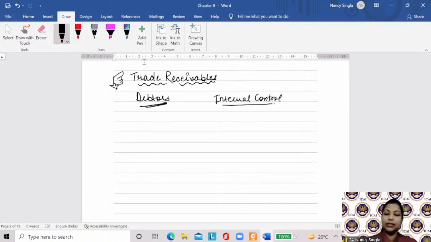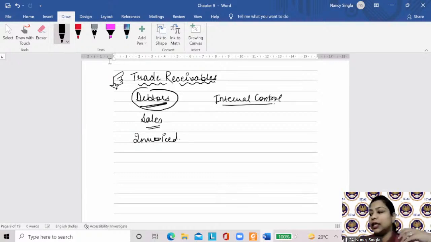So students, see this, meanwhile I'll be receiving your replies. Let us just start the discussion. So see, debtor balances are a very essential part of any balance sheet. Okay? And how is the debtors amount recorded? See, when the sales are made on credit basis, the invoices are raised to the debtors.